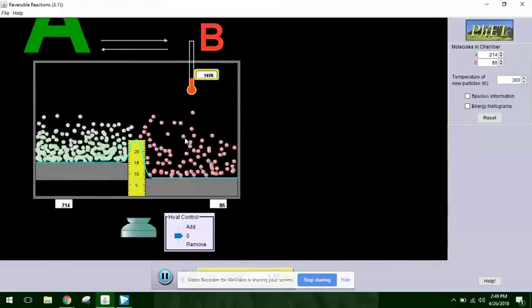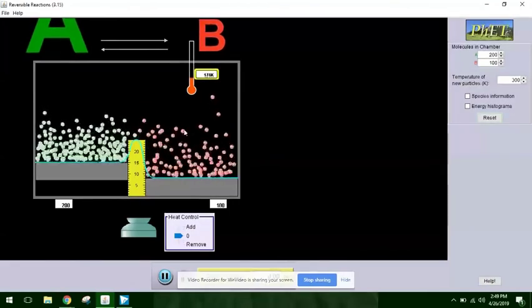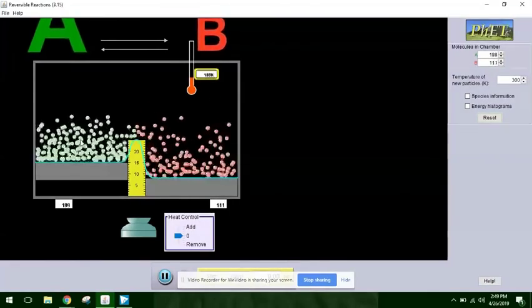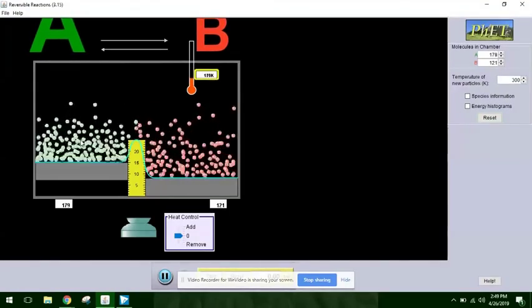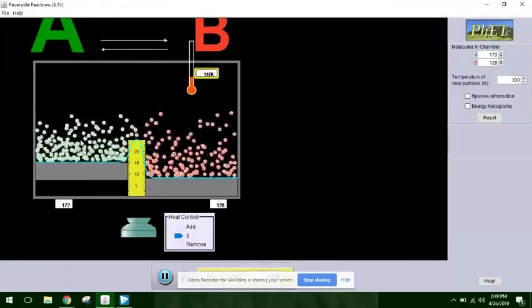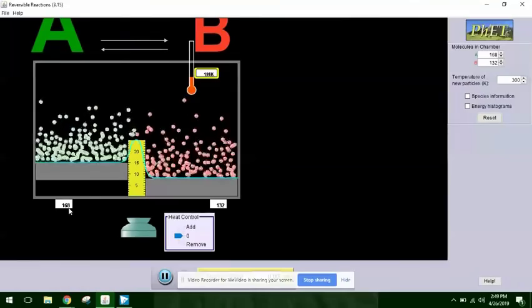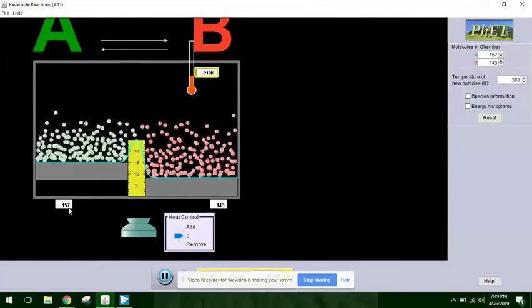So these are going to bounce over and make more red product particles, but then these numbers start to pick up and they bounce back to make more green particles. Again, the whole point is for a system to already be at equilibrium, and then we stress it and cause it to reestablish an equilibrium. Okay, before I added it, we had 242 green particles, and now we're already down to about 150.